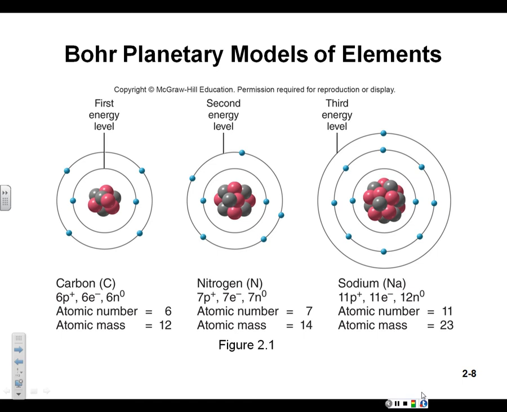Alright, so if you look at the periodic table, on the periodic table they have letters and numbers. The numbers represent the atomic mass and the atomic number. If you got your book, find the periodic table in your book. Probably in the back.